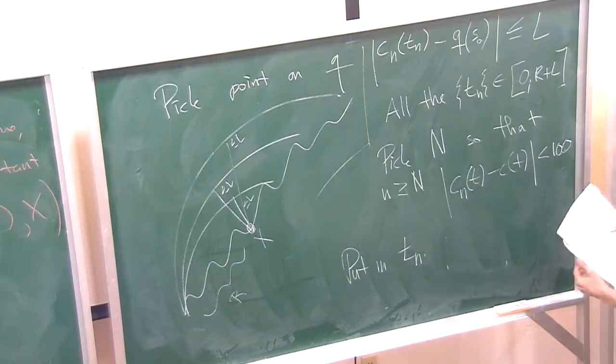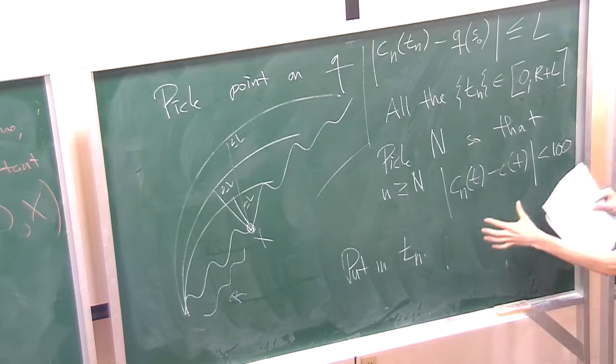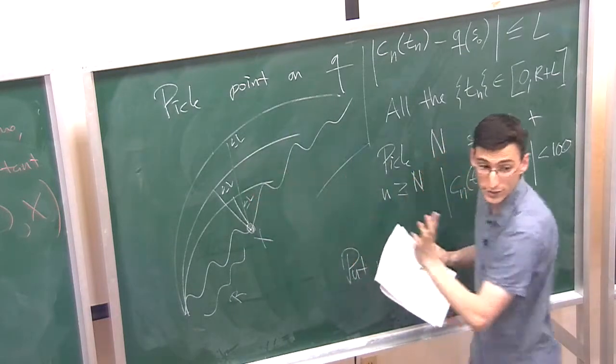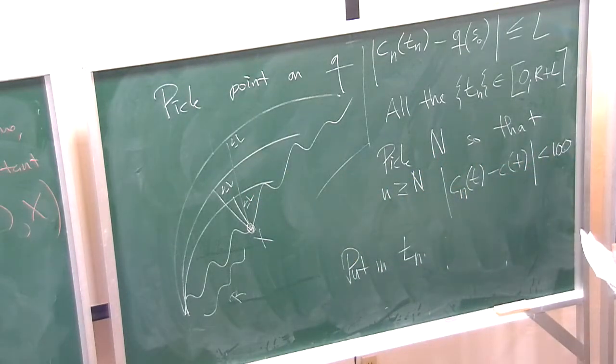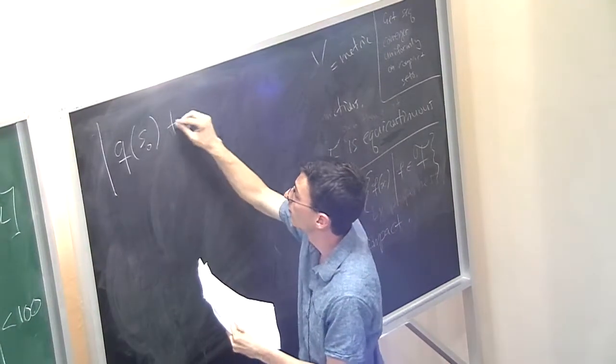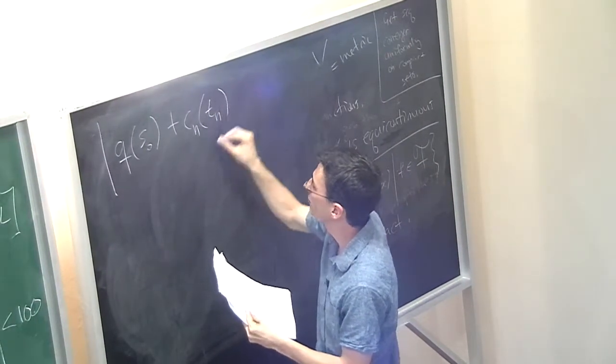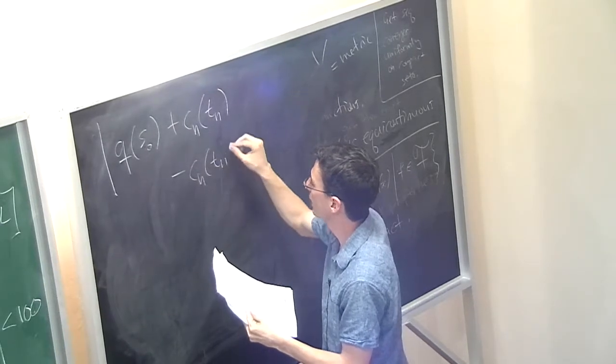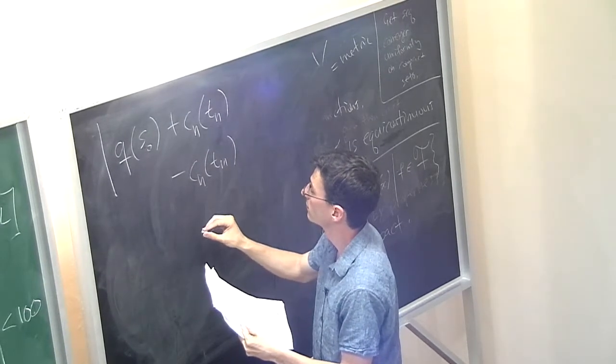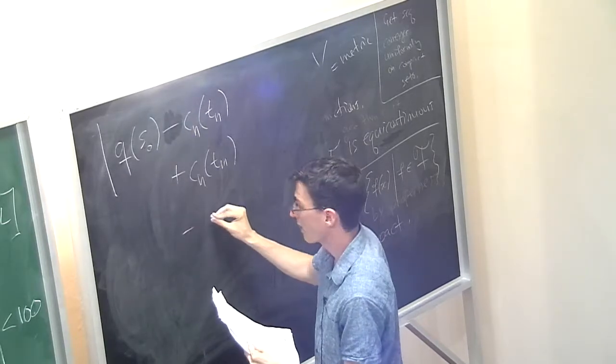The point is, this part is less than 100, and this part is less than L. So that's your uniform bound. I guess I could write down the actual expression. What I want is Q(S naught) plus C_n(T_n) minus C_n(T_n) minus C(t).